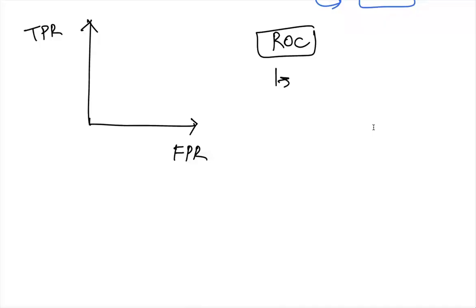It is a graph that shows how well your model separates default from no default across all the possible thresholds. And I'll give you a practical example to make you all understand.